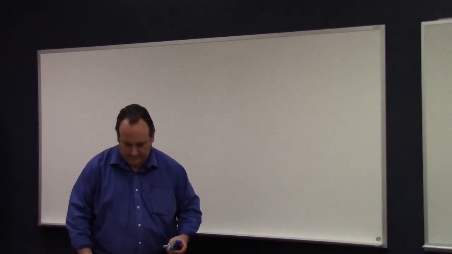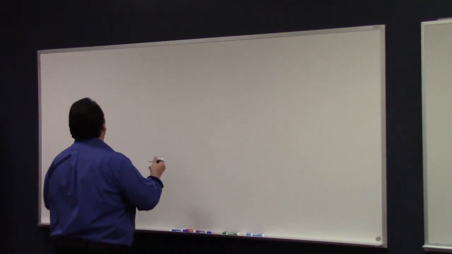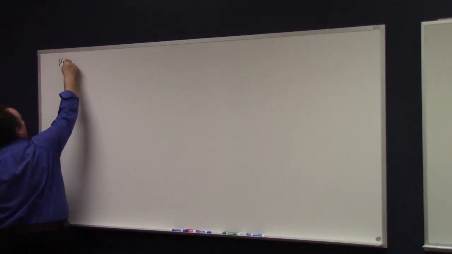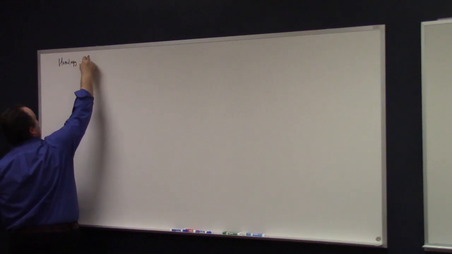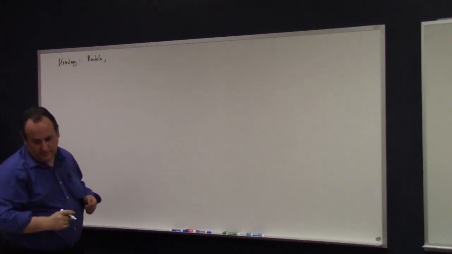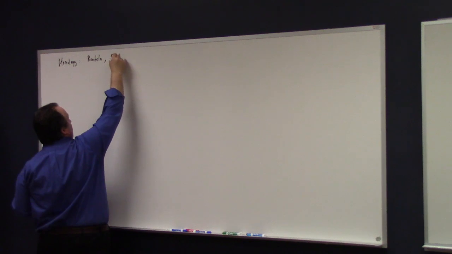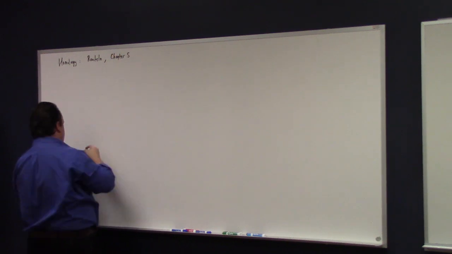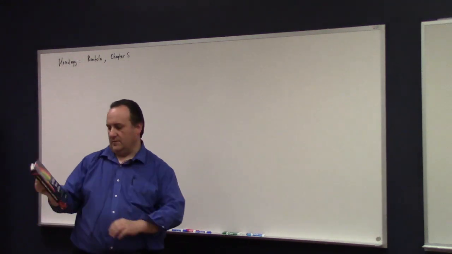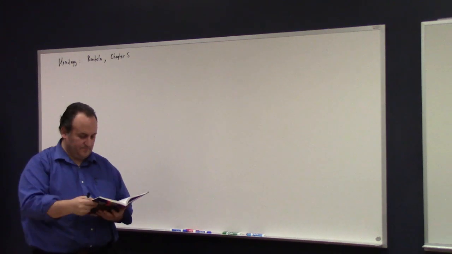We'll start with, and I'm following Renteln, chapter 5, which he has entitled Elementary Homology Theory. This is his Manifolds, Tensors, and Forms: An Introduction for Mathematicians and Physicists.